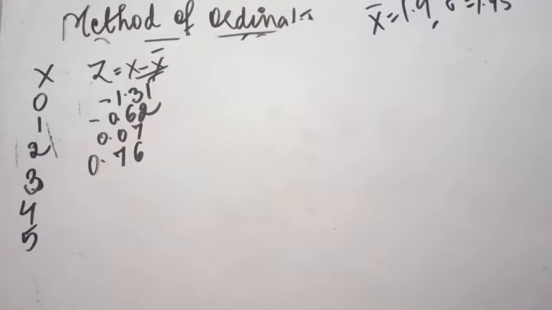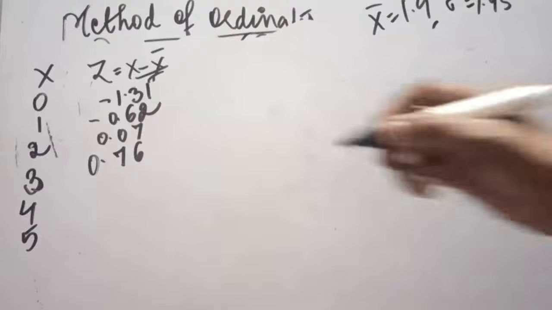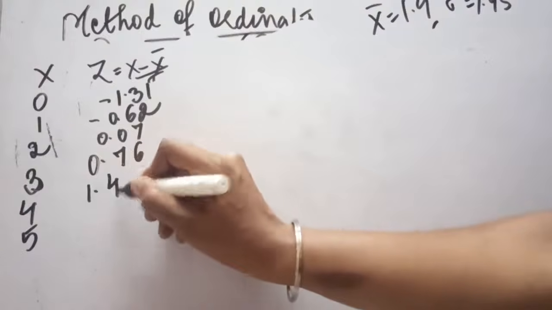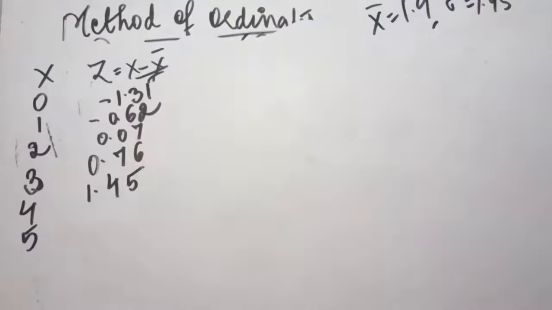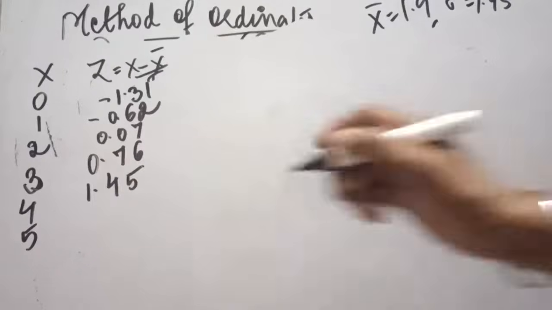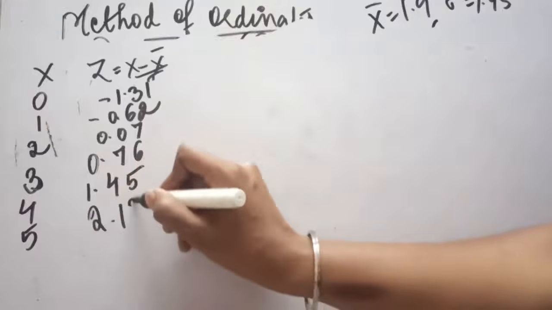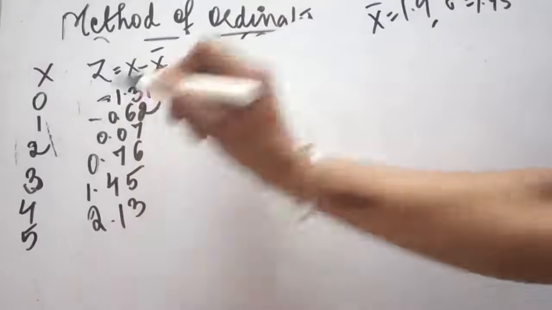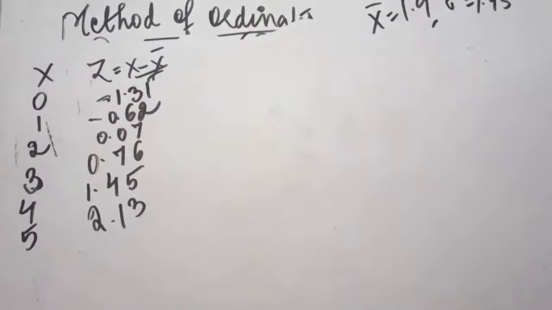Next is 4 minus 1.9 divided by 1.45, so this comes out to be 1.45. The next value is x is 5, 5 minus 1.9 divided by 1.45, and this comes out to be positive 2.13. So the first two values are negative, the others are positive.